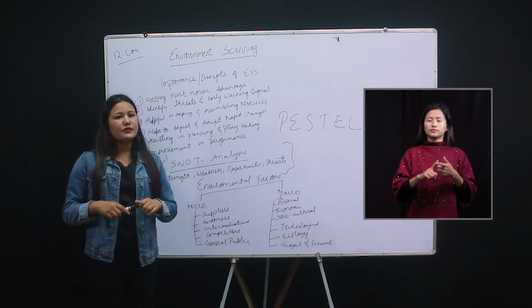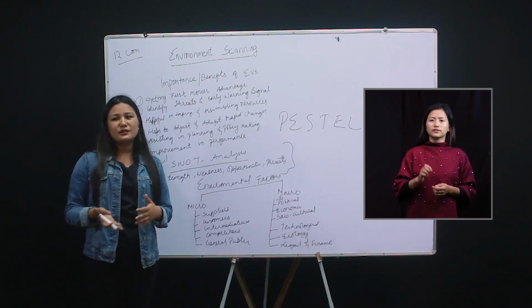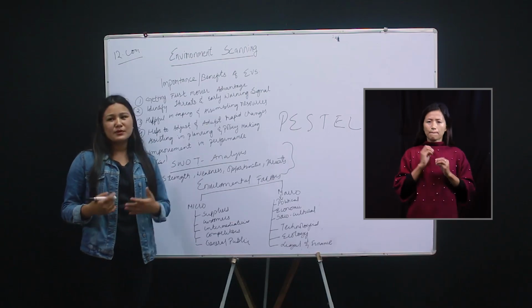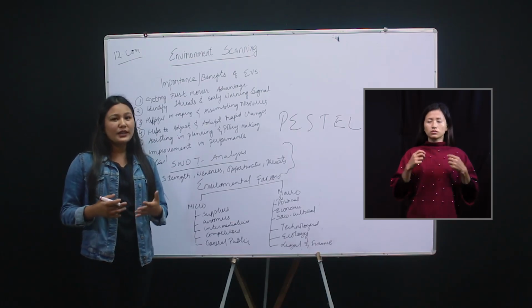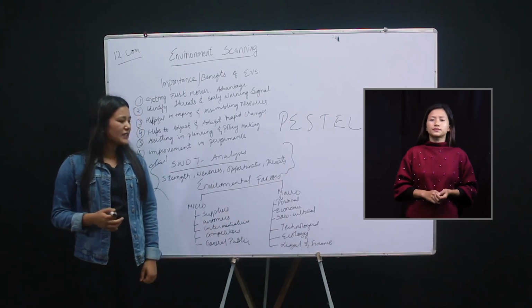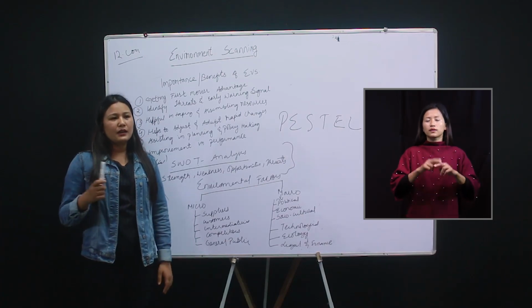Legal here refers to all the regulations passed in the environment, such as discrimination law, criminal law, antitrust law, and even the Consumer Protection Act, Commodities Act, and Weights and Measures Act. All this comes under legal factors.